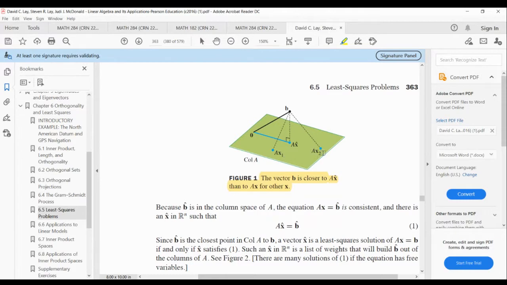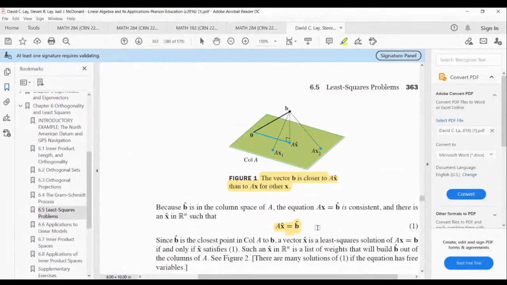A x2 is another linear combination of the column vectors of the matrix A, and that's going to be some other vector located in the column space of A. But the vector we want is A times x hat. The vector x hat has the weights, in our case x1, x2 weights for our problem, that give us a projection vector. And that projection vector, which is equal to A times x hat, would be what we're looking for.